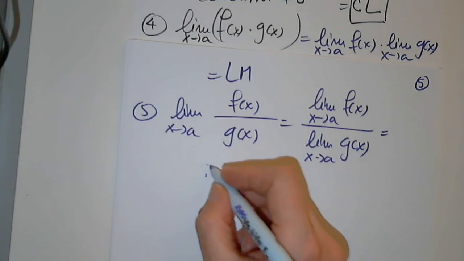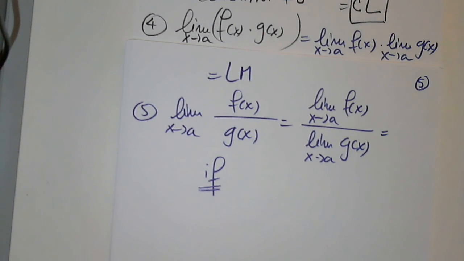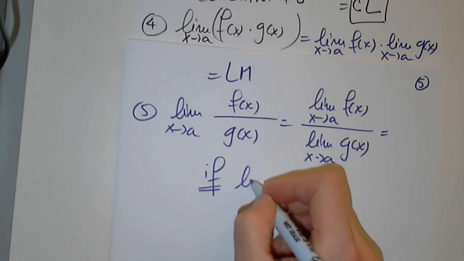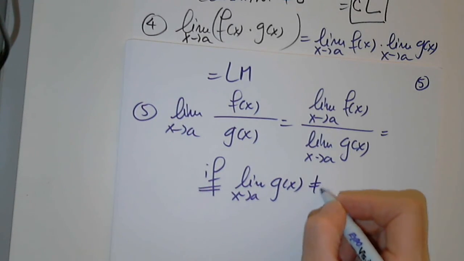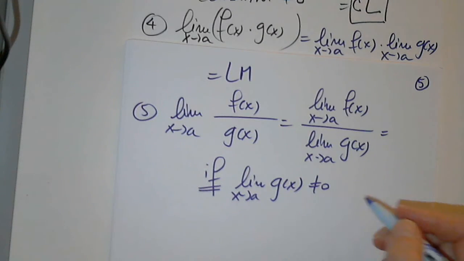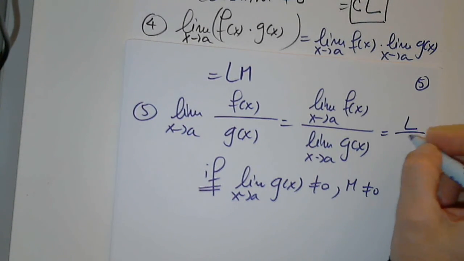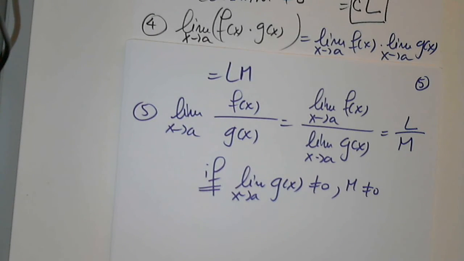And before I write the answer, I have to write a big if. What is the big if? G of x not equal to 0. Yeah, you're right. And that means that M also does not equal 0, right? So then we say it is L divided by M only under the condition that the denominator is not 0. Any questions so far?